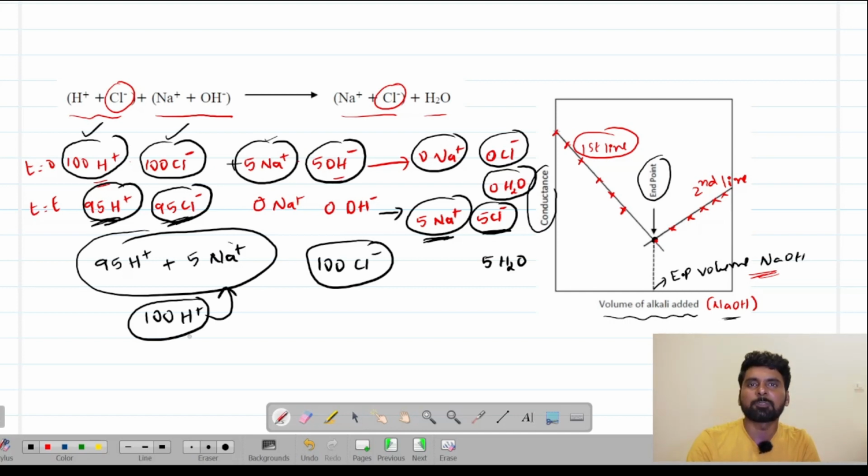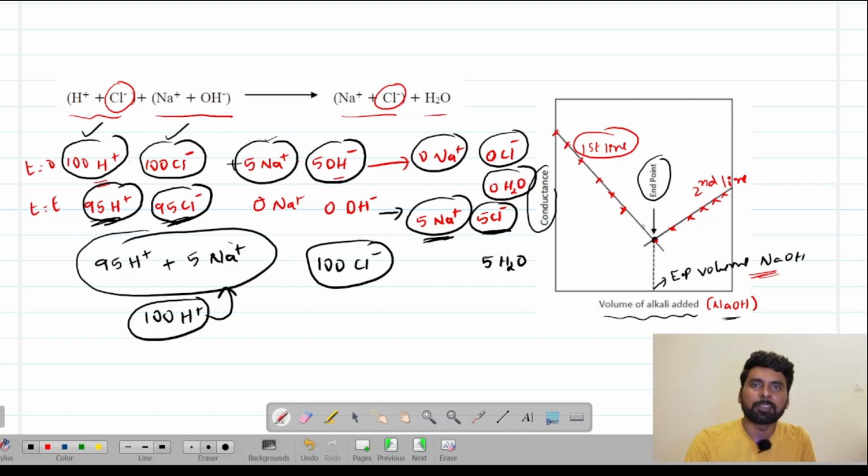This is the situation which will happen throughout the first line in our titration. Fast moving, highly mobile H plus ions are replaced by slow moving Na plus ions. That's why conductance decreases.